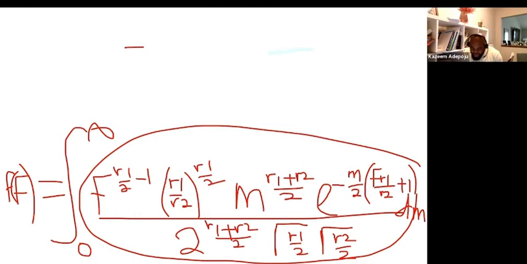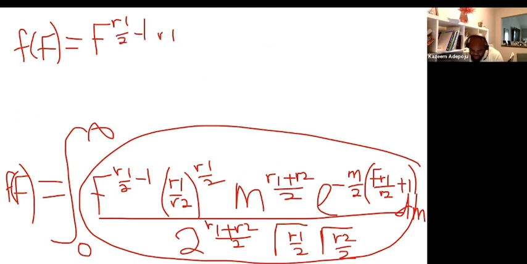So if I want to do that with respect to m, I'm first going to write this out. With respect to m, f is going to come out. That's a constant, right? r1 over r2 raised to power r1 over 2 is going to come out. What about the denominator?